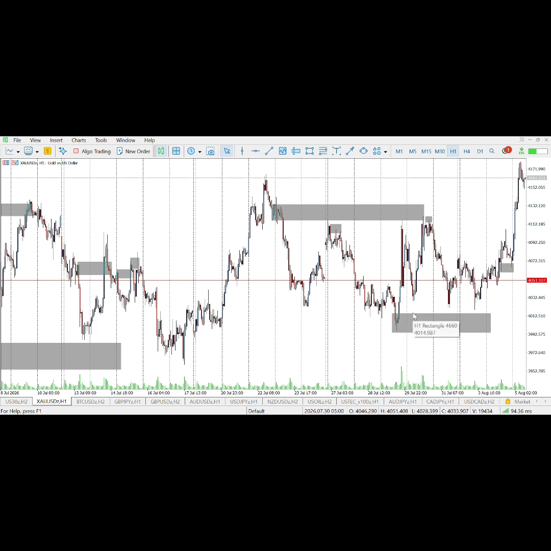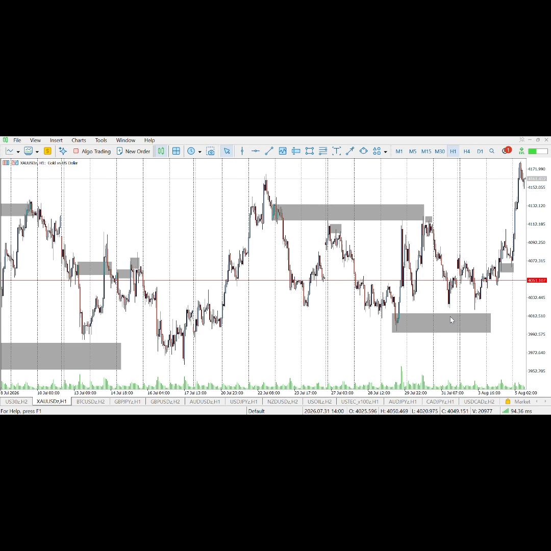There has been no attempt on the zone before. You can see how fresh it is. Even the move that we are waiting for didn't touch the zone. So this zone right now is currently still a fresh zone.